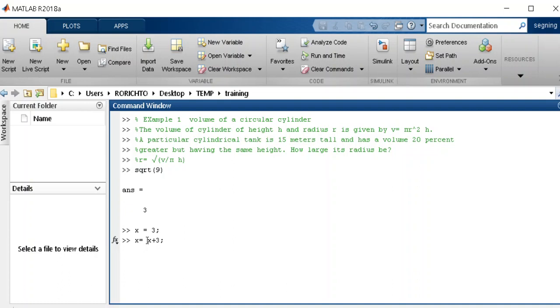This tells MATLAB to add 3 to the current value of x and to replace the current value of x with the new value, where that is the new value.